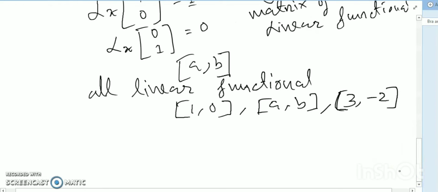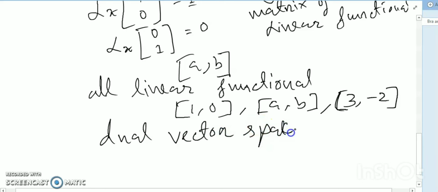Much like column vectors, this set of all row matrices actually forms its own vector space. Seriously, check all the conditions, they work. This vector space is known as the dual vector space. What is the dual vector space? The dual vector space is the set of all linear functionals. I will discuss very soon what the dual space is.